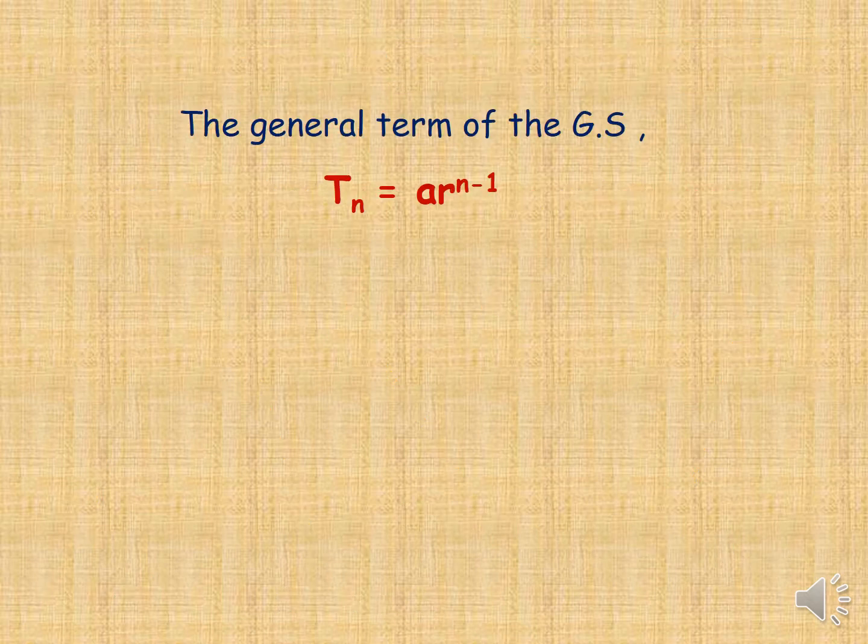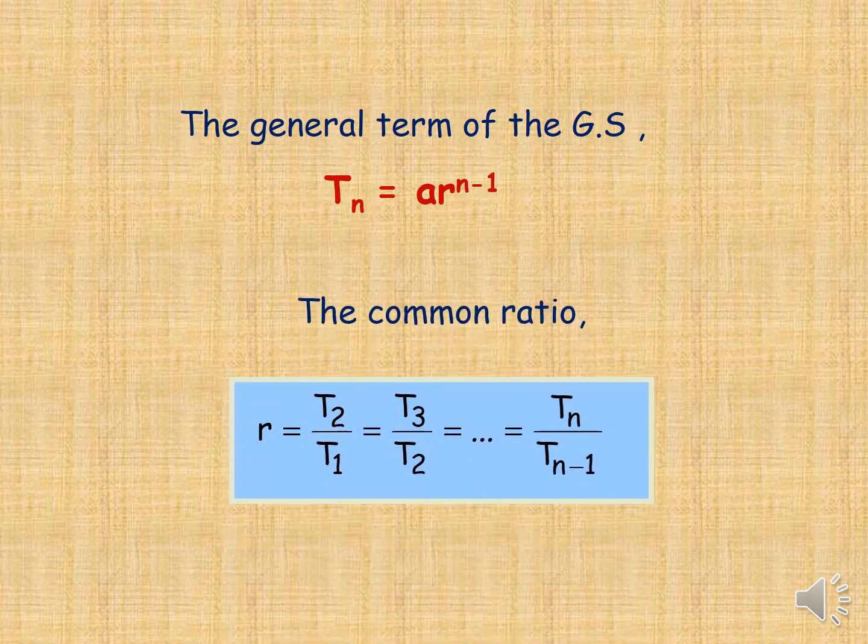The general term of the geometric sequence is Tn equals AR to the power n minus 1. The common ratio R is equal to T2 over T1 or T3 over T2, or the general term of R is Tn over Tn minus 1.